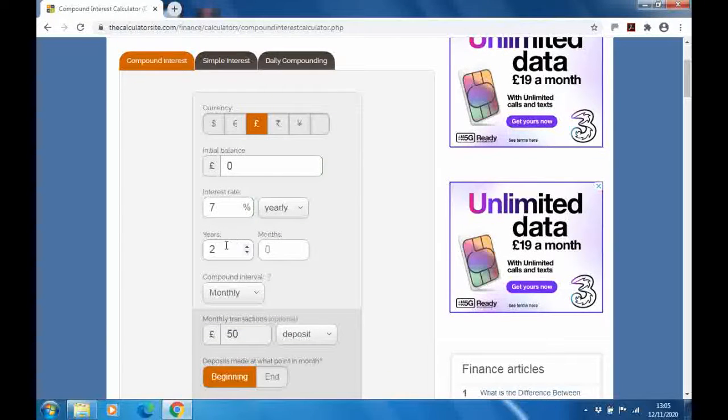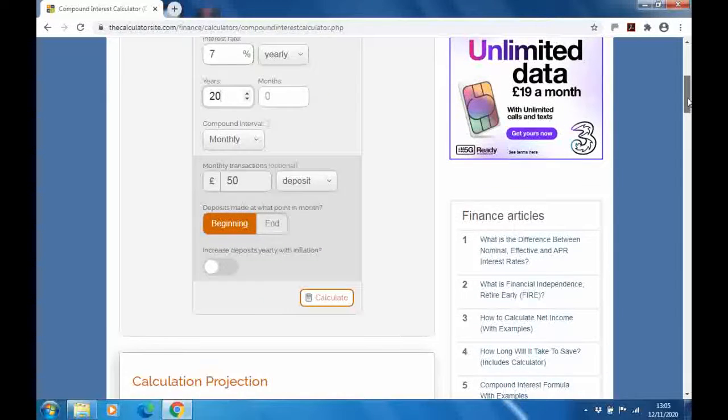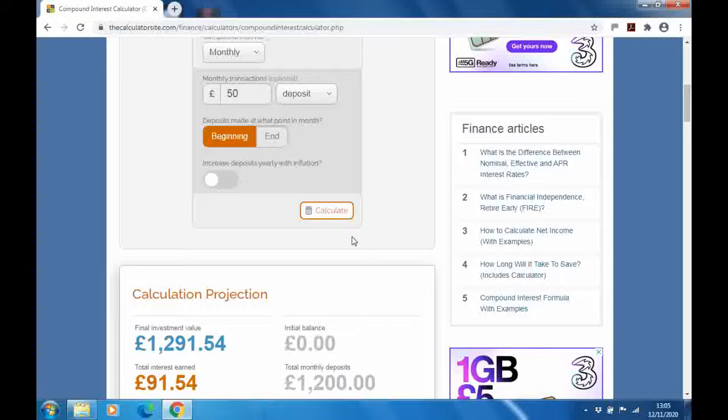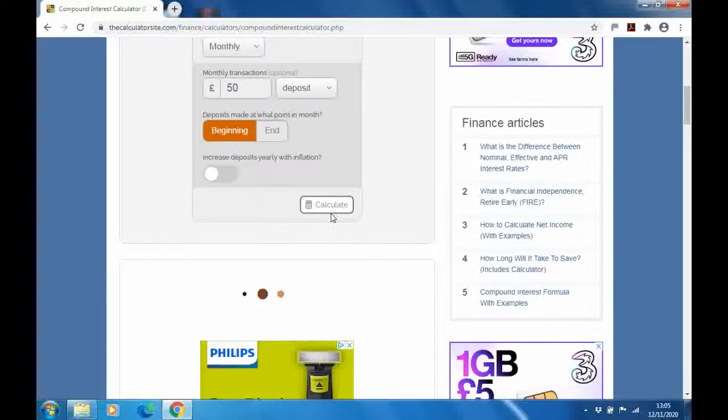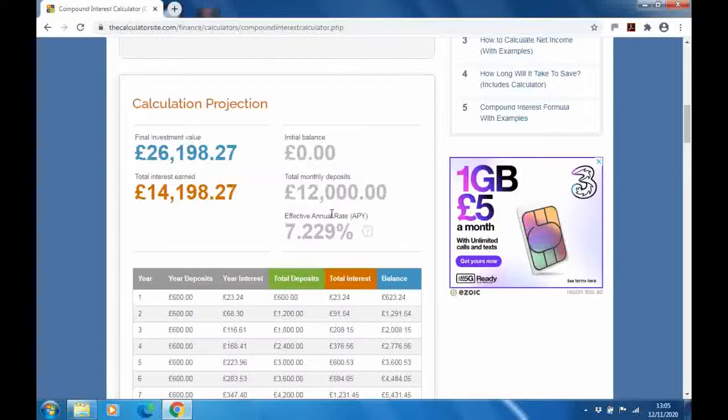So all we do is go into the box in years and change that to 20. We will stick to the same monthly payments of £50, and calculate if we paid £50 a month for 20 years. Look at the difference this will have.